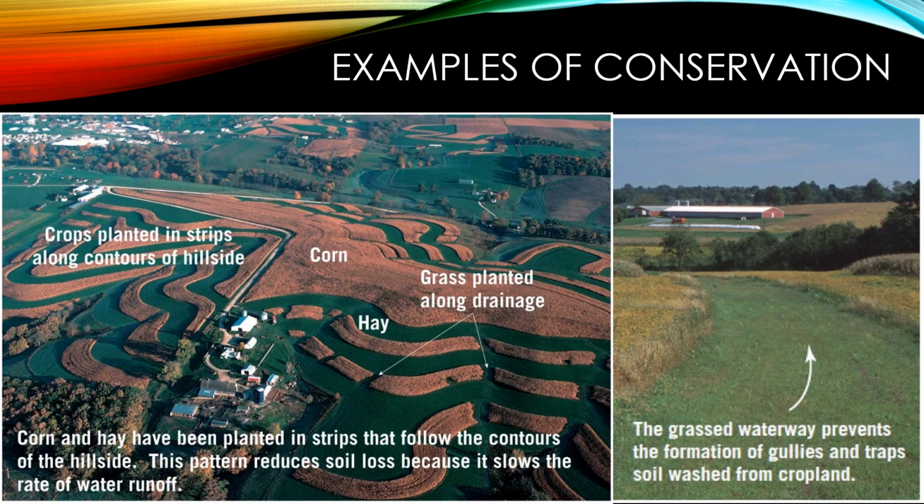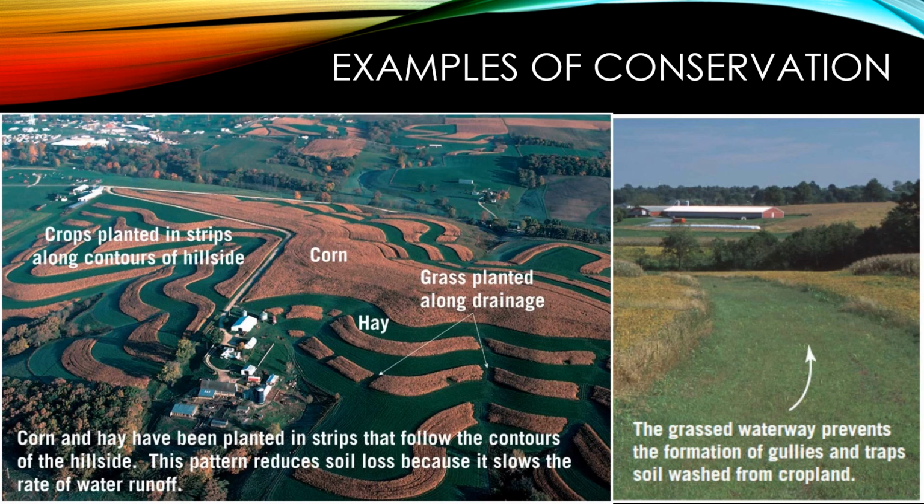In this case, that pattern of having an agricultural plot and then grasses over and over again reduces soil loss because it slows the runoff of irrigation water.